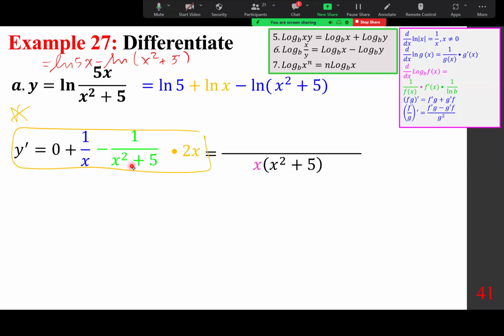So we are going to write the common denominator. Then 1 times x squared plus 5 minus 2x times x. This is important to see, okay? Minus 2x times x.